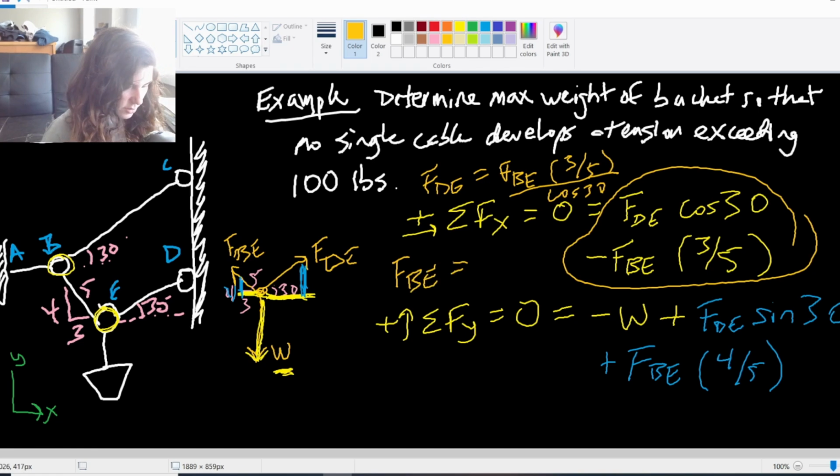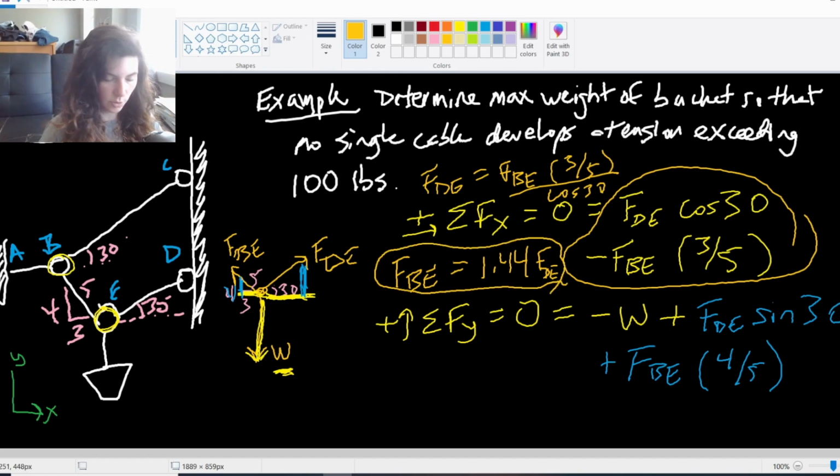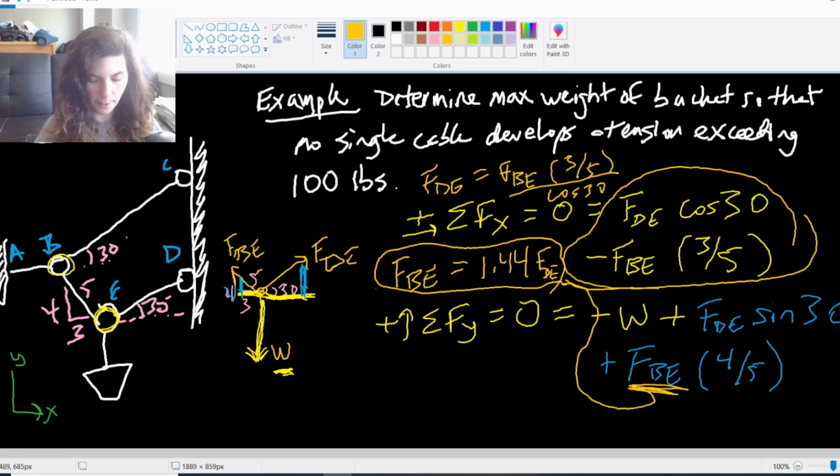FBE is going to be, if I punch this into a calculator, 1.44 times FDE. So I have this relationship I found just by basic algebra that I am going to plug in to this equation over here. I'm going to plug it right down here into this one. So this would be just as if we were solving a traditional system of equations, a traditional problem. This is how we would approach this.